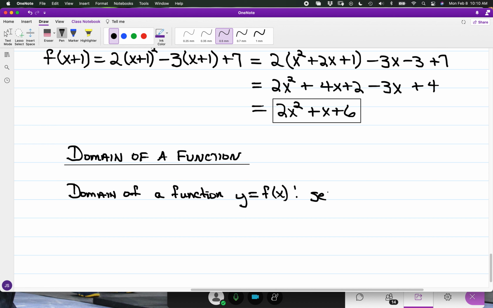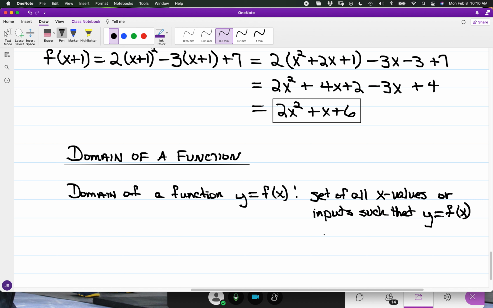The domain of a function y equals f of x is going to be the set of all x values or inputs such that the function y equals f of x is going to be defined in the real number system.